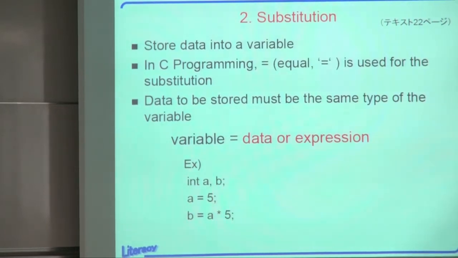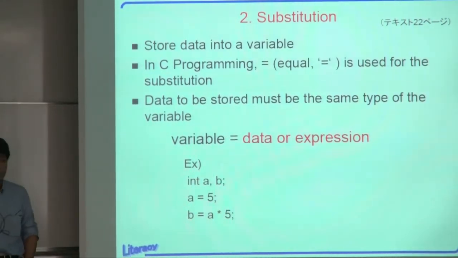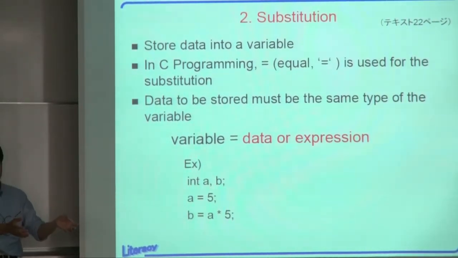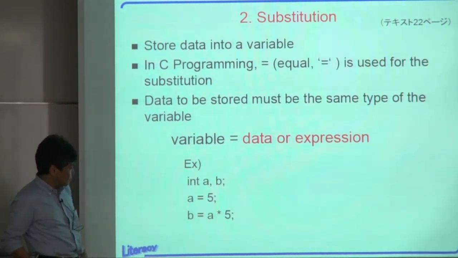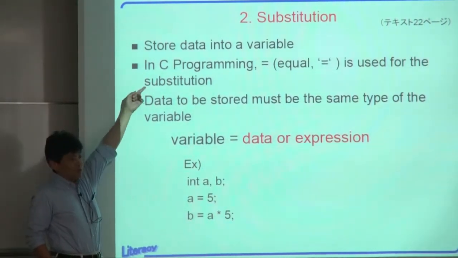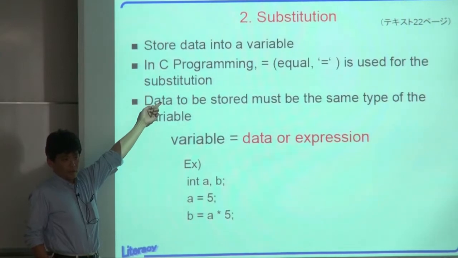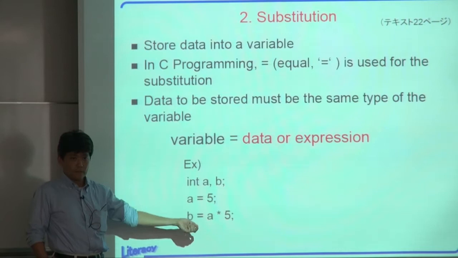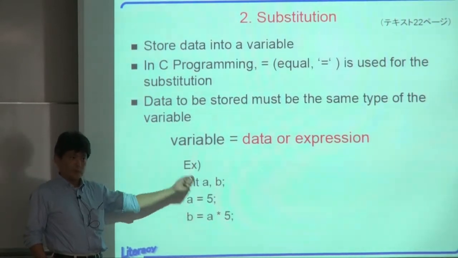So once you declare variables, initially the corresponding boxes located in the computer memory have nothing, usually a zero value stored. Using substitution operators, you have to store data into variables.